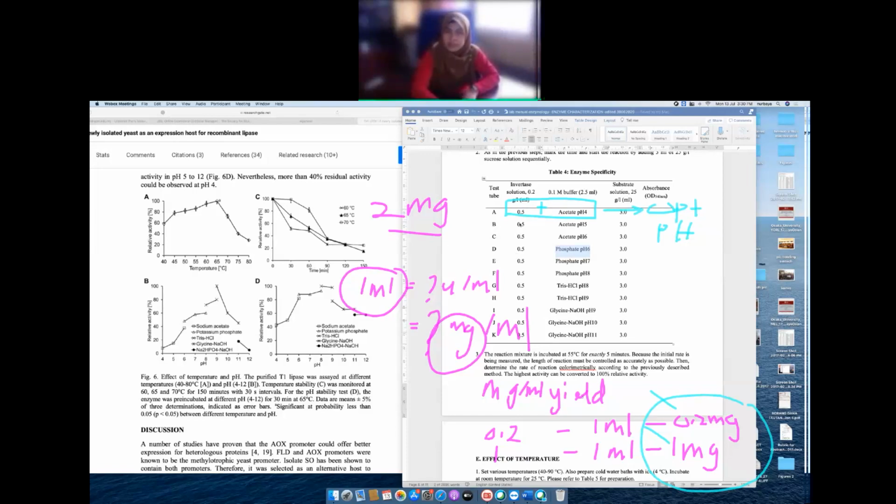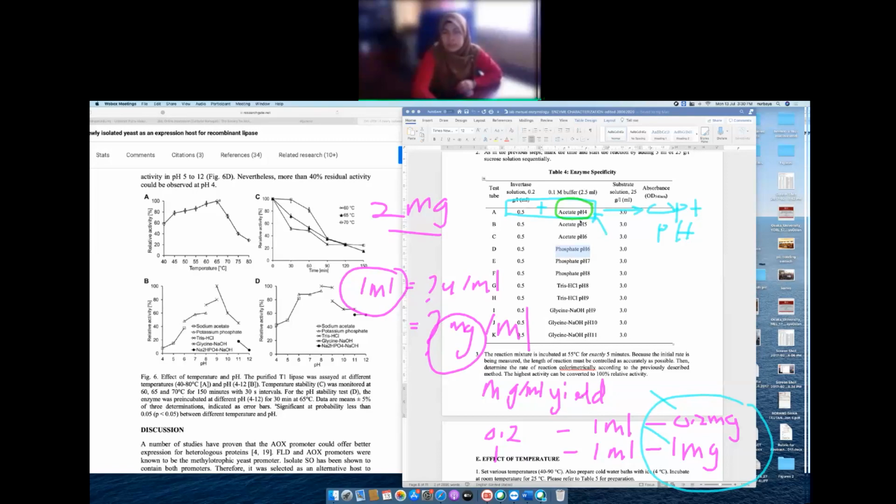If you incubate, for example, 0.5 ml of the enzyme plus acetate buffer at pH 4, and then assay the residual activity at pH 4, it will not be valid, because you are still forcing the enzyme into that environment.